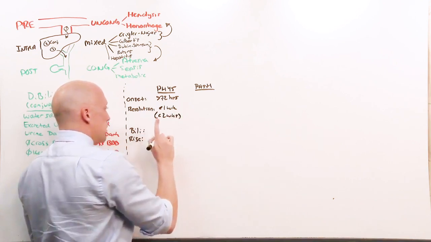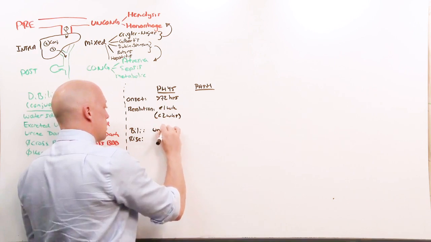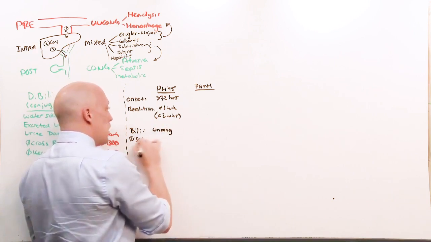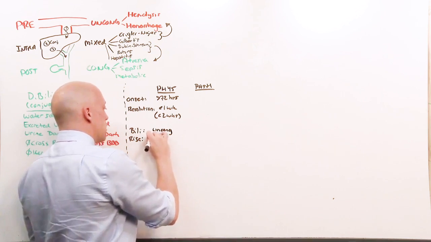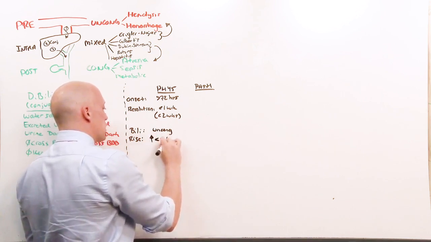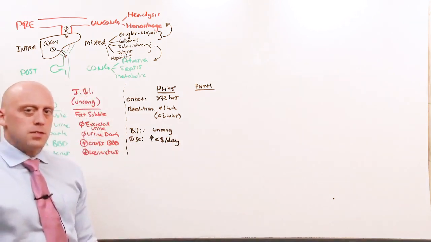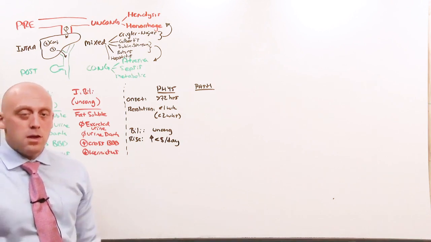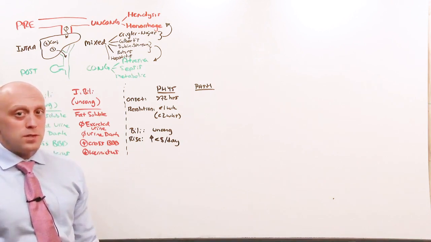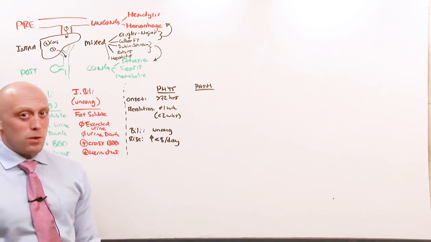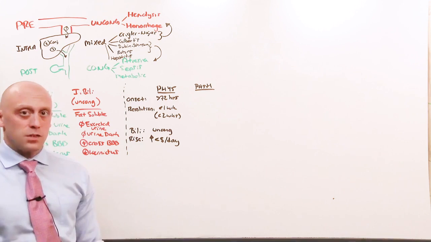And the bilirubin is usually unconjugated. And the rise isn't that fast. The rise will not be more than 5 points per day. The idea here is that it takes a long time to set on. They leave the nursery, and by the time they come back for their first visit, they may not be yellow anymore. That's a sign that it's physiologic.